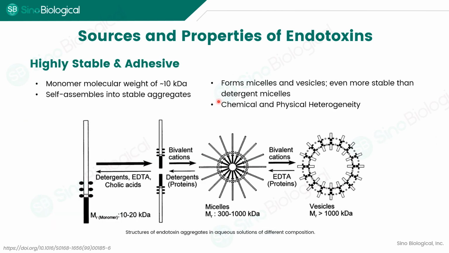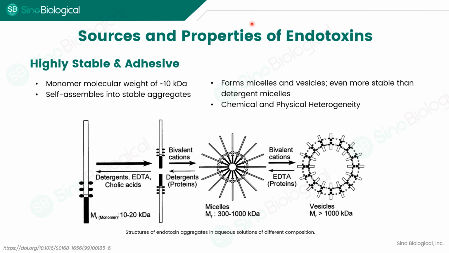So now let's take a closer look at the physical properties of endotoxin. The molecular weight of the endotoxin monomer is around 10 kilodalton, but normally the endotoxin will self-assemble into very stable aggregates, and it can form micelles or vesicles, which are even more stable than detergent micelles.